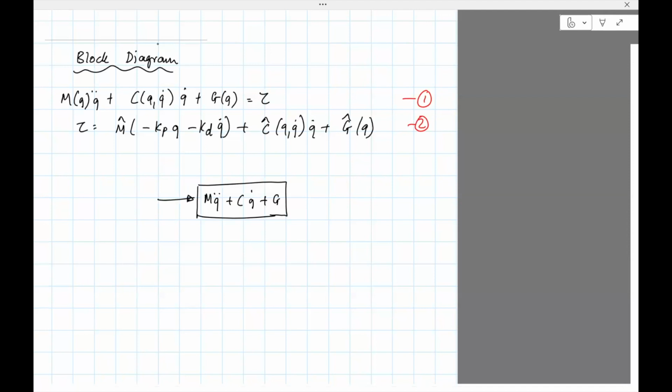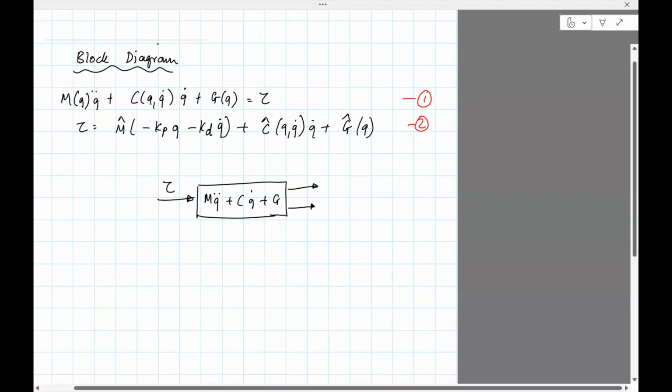Let's put the inputs. That's easier. The torque is the input. The torque drives the system. What comes out is sensor data, which can be used towards control. So two things which will come out from this are q and q dot.